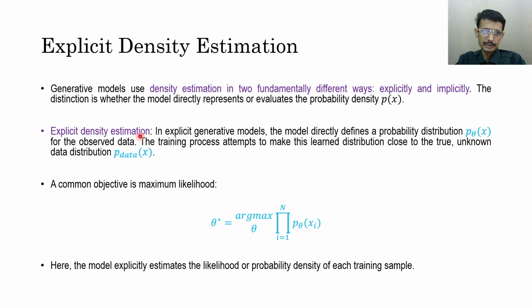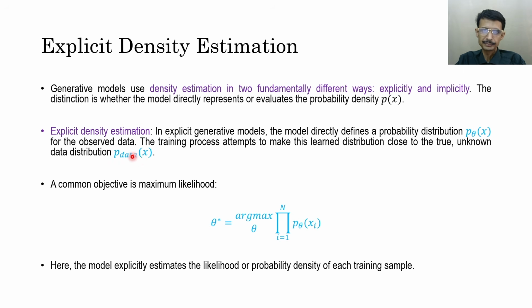So in the case of explicit density estimation, the model directly defines the probability distribution P theta x for the observed data. The training process attempts to make this learned distribution close to the true unknown data distribution. P data is the given distribution. It is known only by virtue of the data samples.